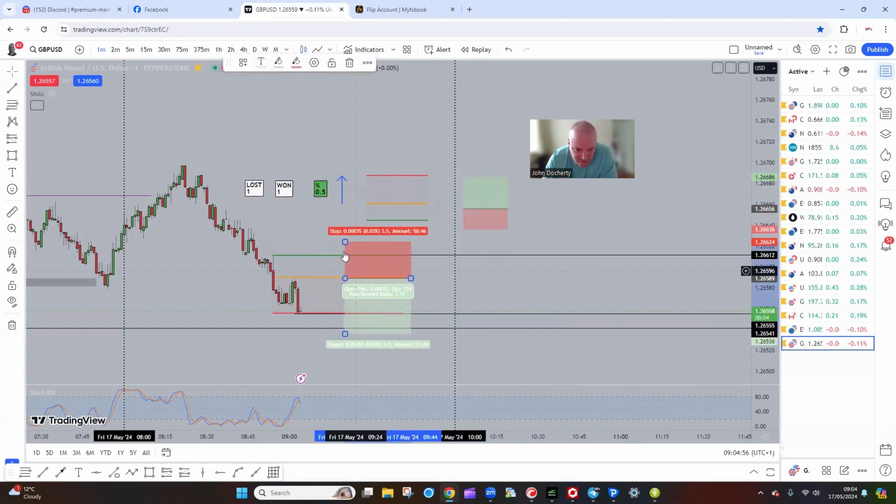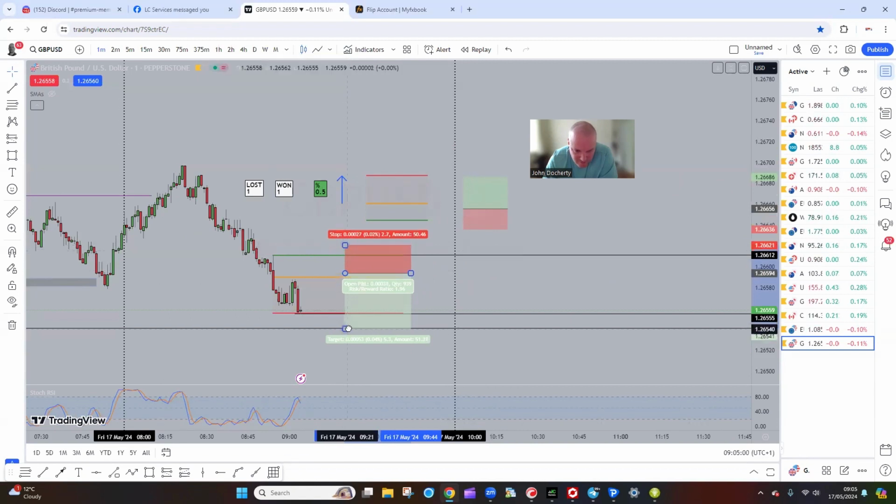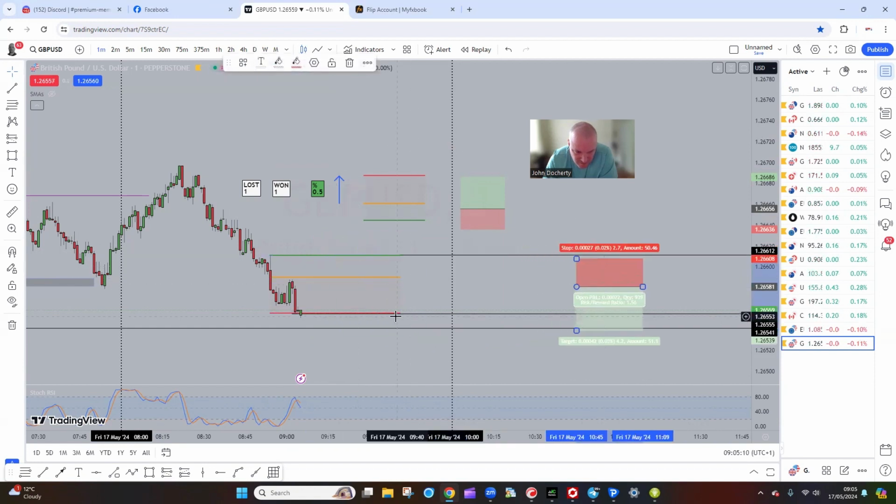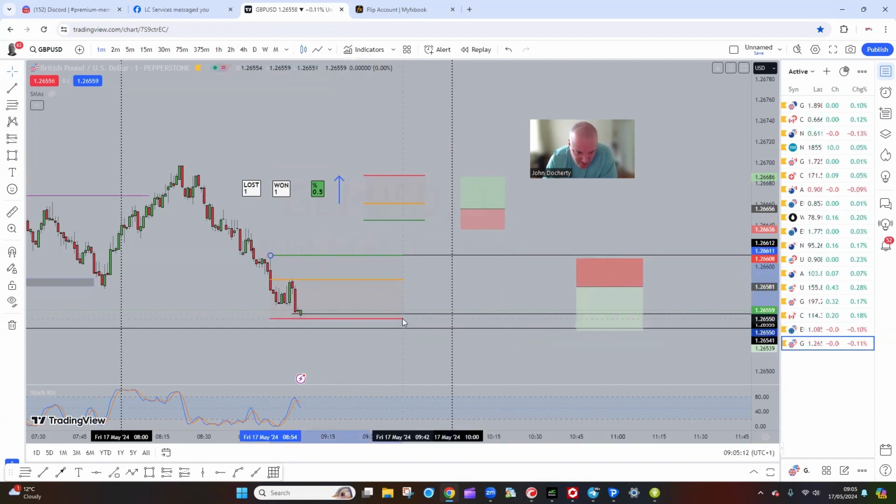Okay, a little bit set up. So we have broke structure. Again, we're waiting for this candle now.